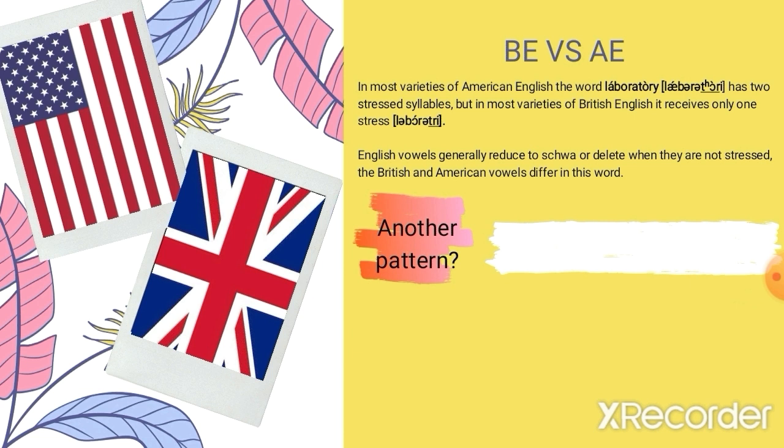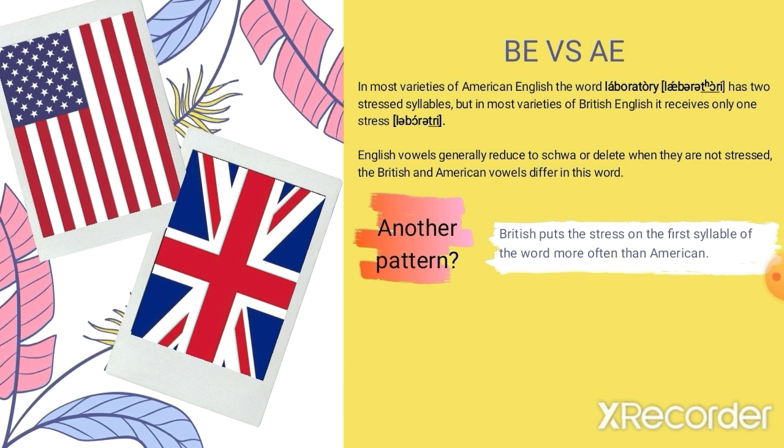Usually in English, vowels generally reduce to schwa or delete when they are not stressed, so British and American vowels can differ in this word. Here I also want to show you another pattern between British and American English in terms of stress.